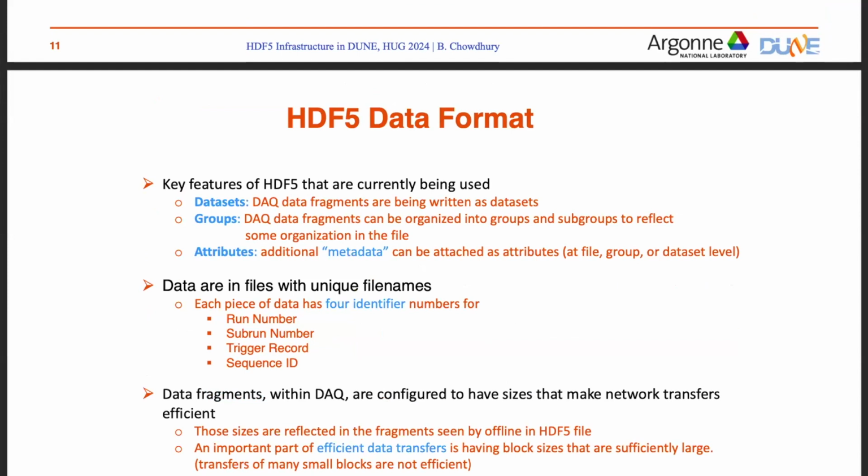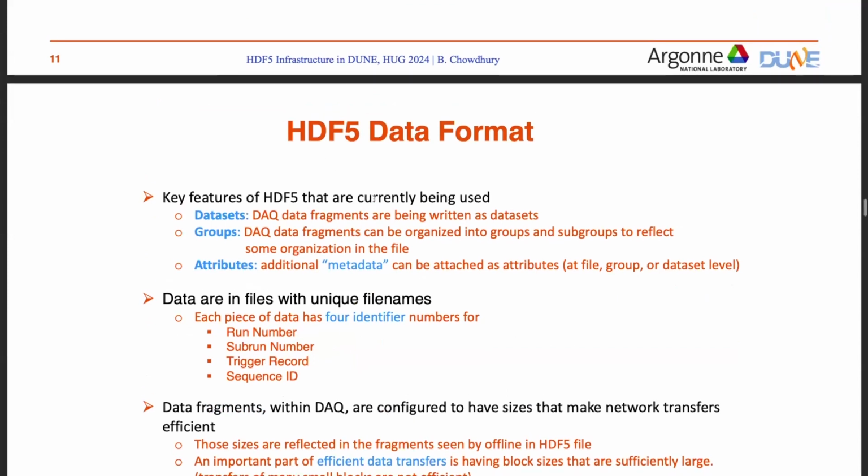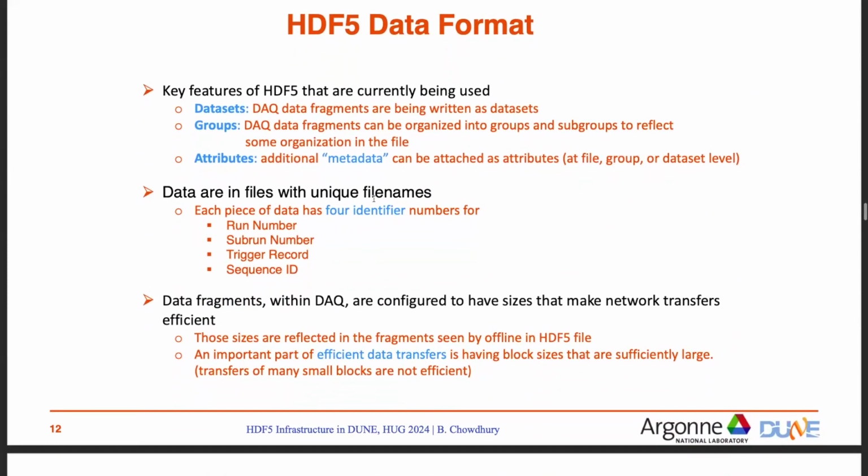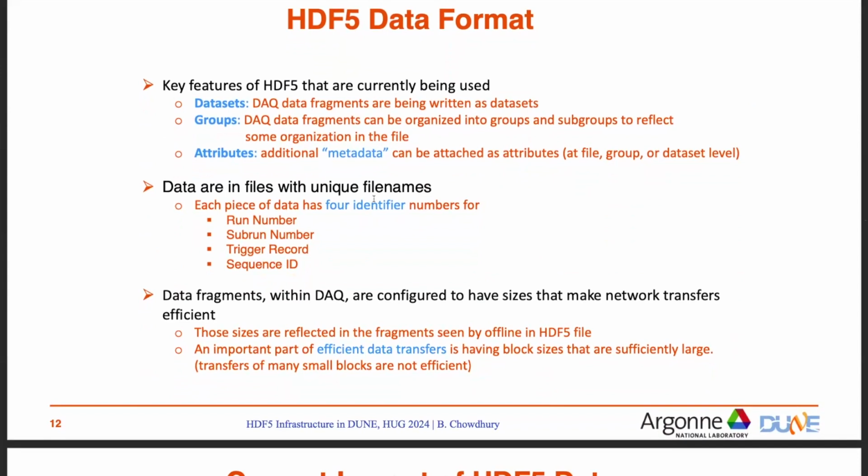Okay, so here are some key features of our data format. Those are data sets, groups, and attributes. DAQ data fragments are being written as data sets, and all the data fragments are grouped in a reasonably organized way to reflect the physics needs or some organization in the file.